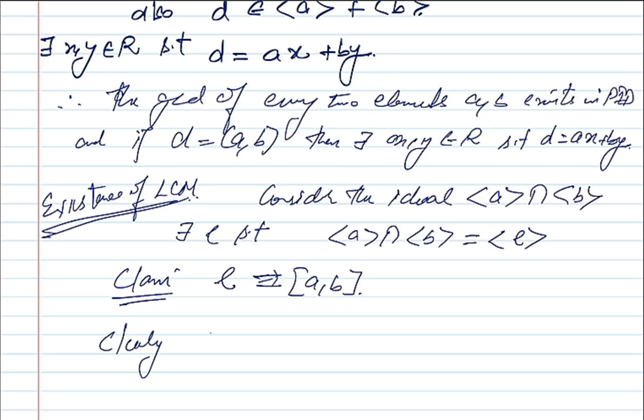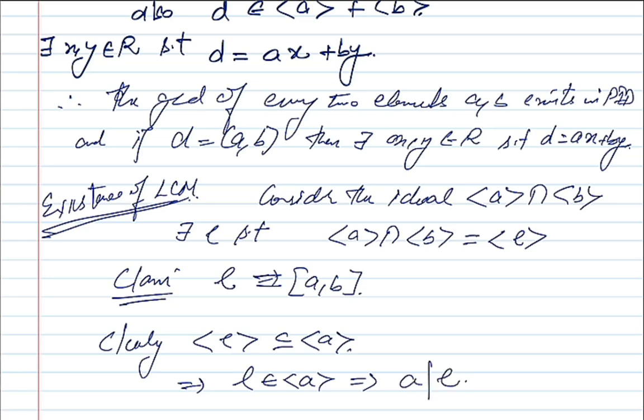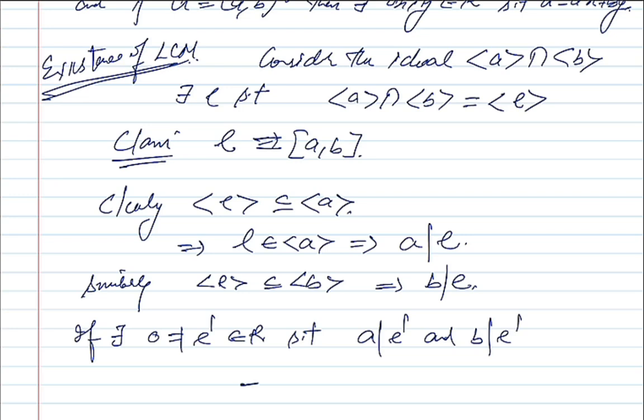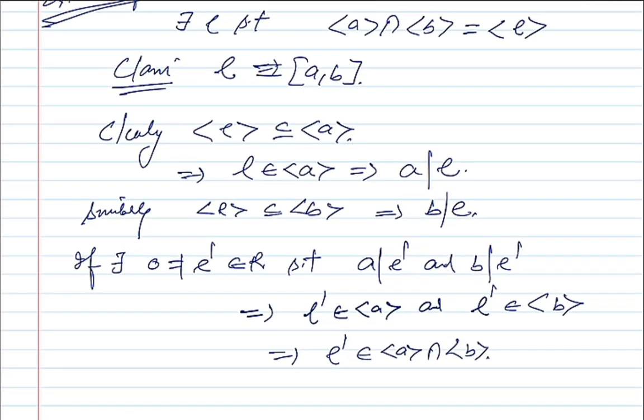Clearly the ideal generated by L is contained in the ideal generated by A, because it is in the intersection, which means L belongs to the ideal generated by A, and that is only possible if A divides L. Similarly, the ideal generated by L is contained in the ideal generated by B, which implies B divides L. Now if there exists some non-zero L prime in R such that A divides L prime and B divides L prime, that means L prime belongs to the ideal generated by A and to the ideal generated by B. So L prime belongs to the intersection, which is nothing but the ideal generated by L, and that is only true if L divides L prime.